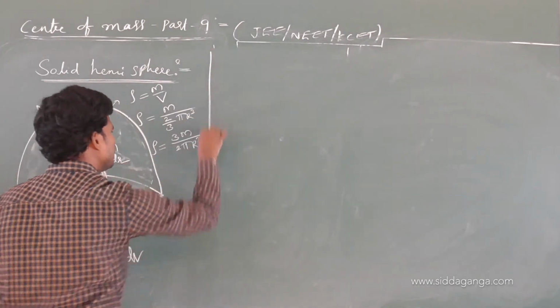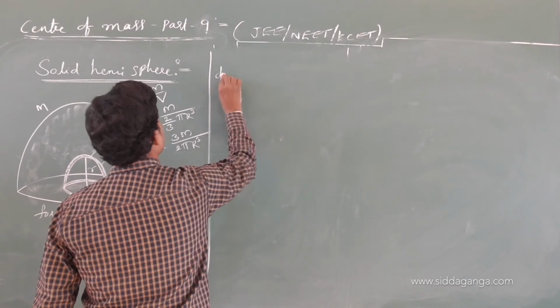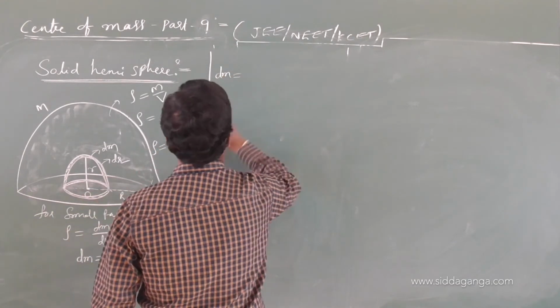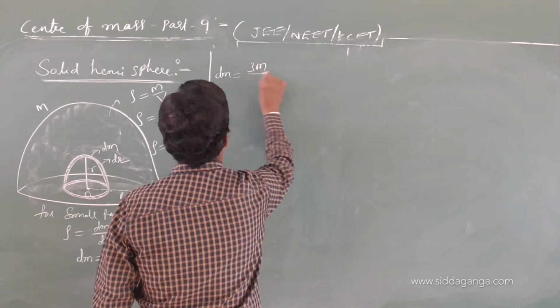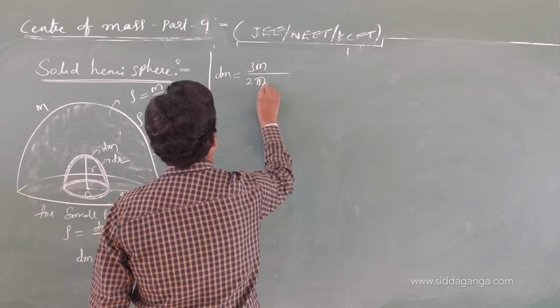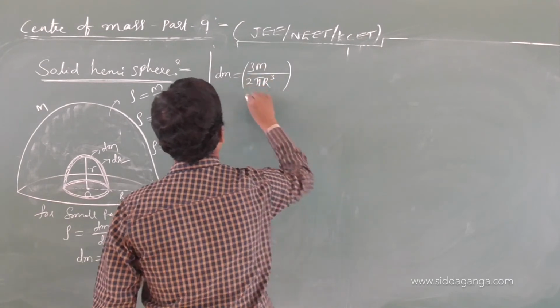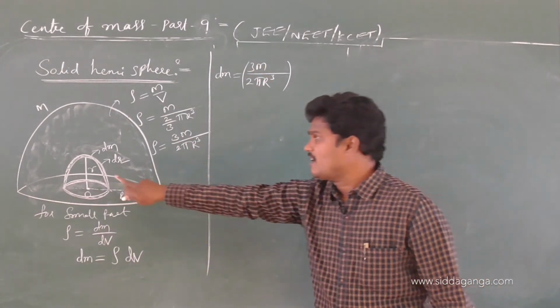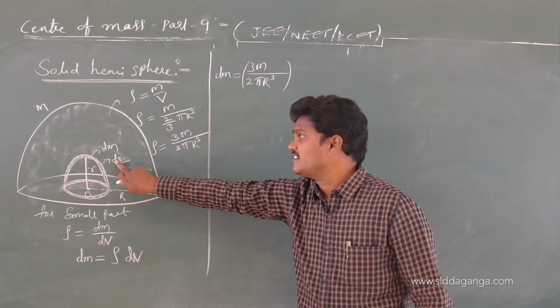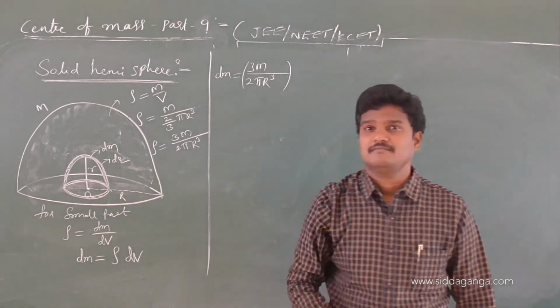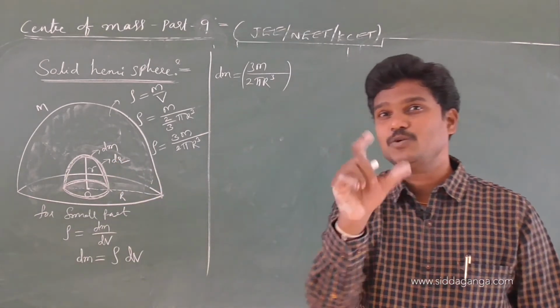Rho we got earlier: 3m by 2 pi R cube. dv is nothing but the area of this hemisphere times the thickness dr, so dv is dA into dr.